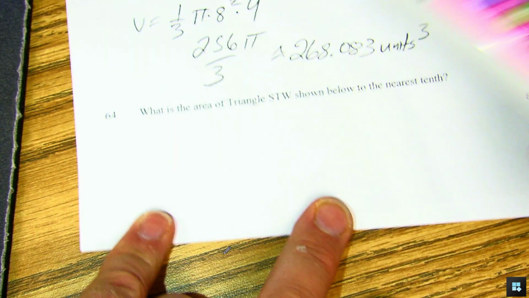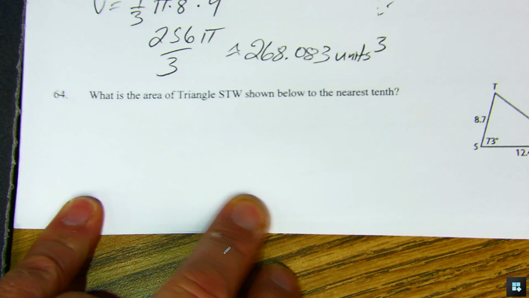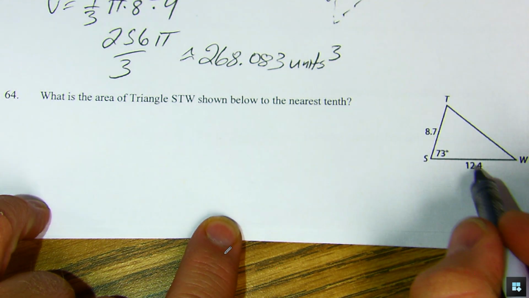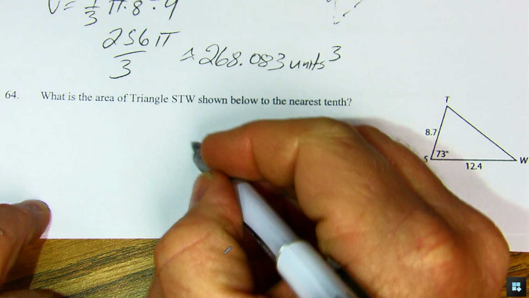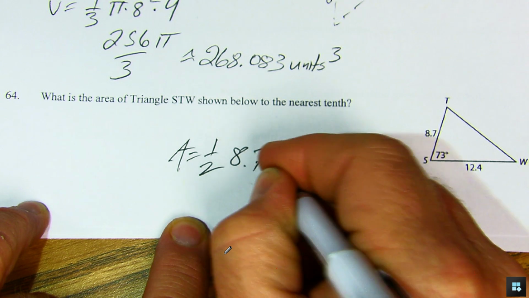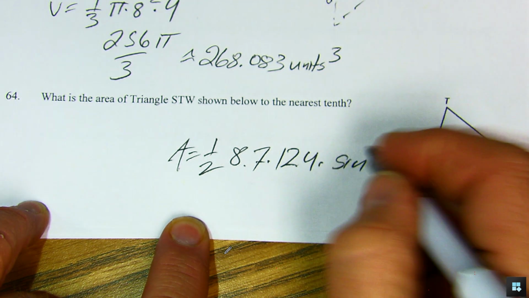Okay? 64. 64 says, what's the area of triangle STW shown to the nearest tenth? So remember, if I have two sides with the angle in between, to find its area, I just take 1/2 times 8.7 times 12.4 times the sine of 73.